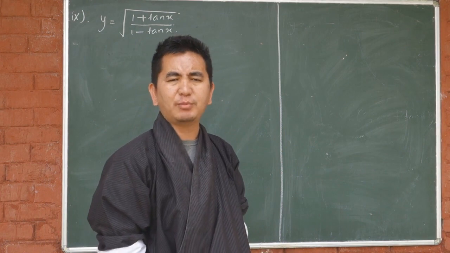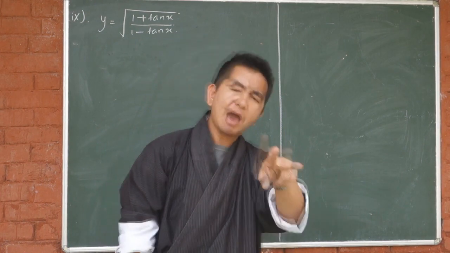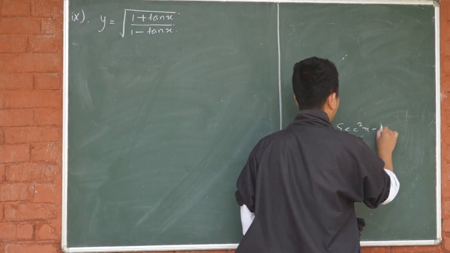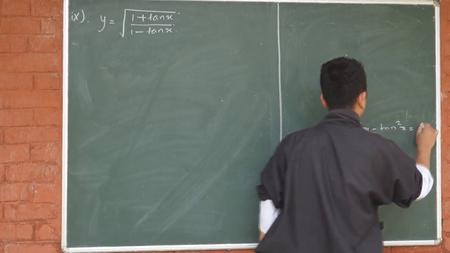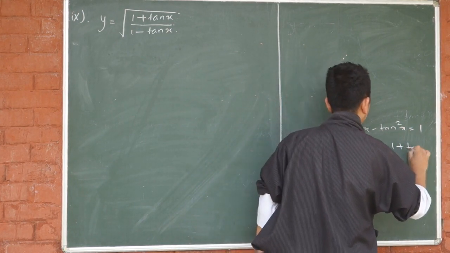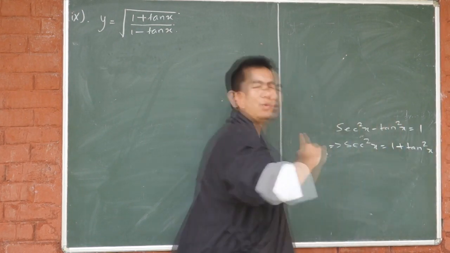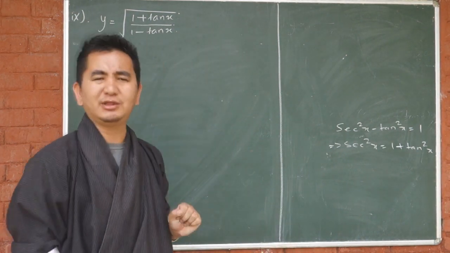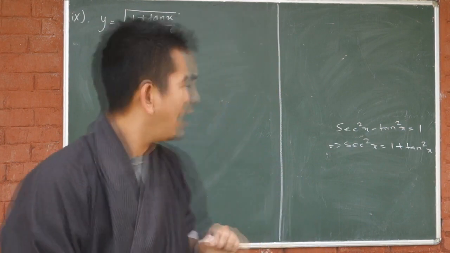We don't have an identity for 1 minus tan square x. We have an identity for 1 plus tan square x. See, sec square x minus tan square x is equivalent to 1, which implies sec square x is 1 plus tan square x, not 1 minus tan square x. So therefore, there is no use in going with the rationalization.